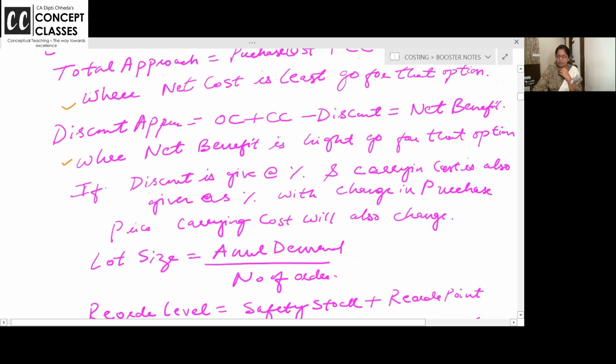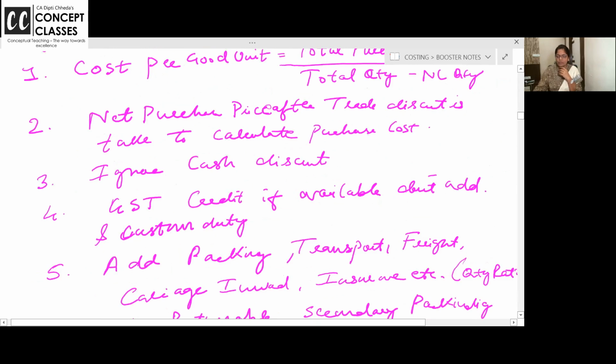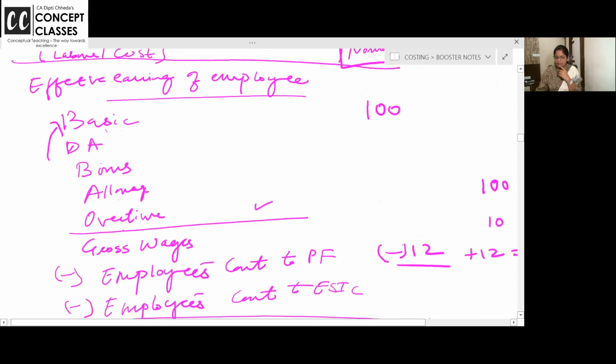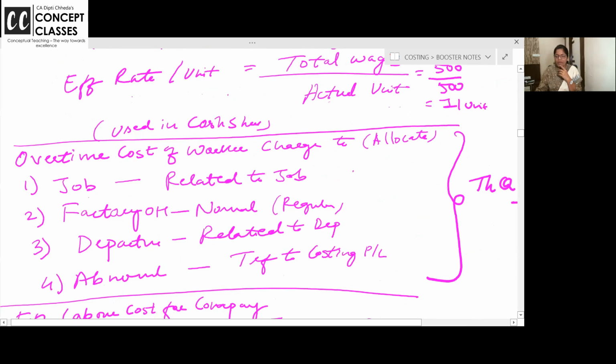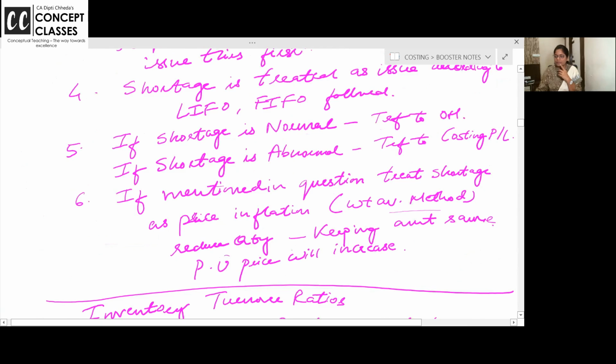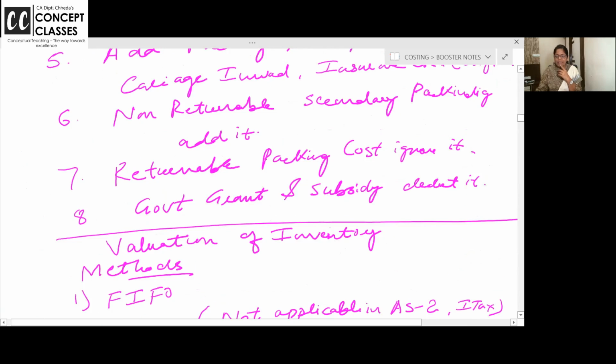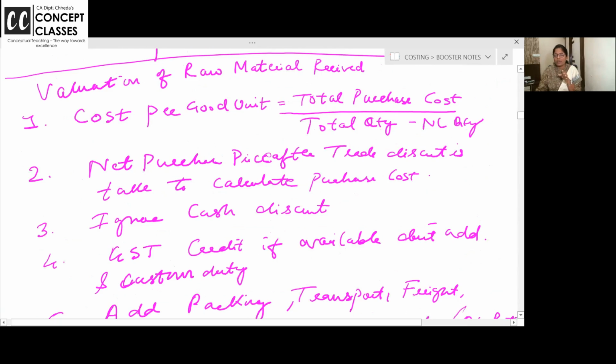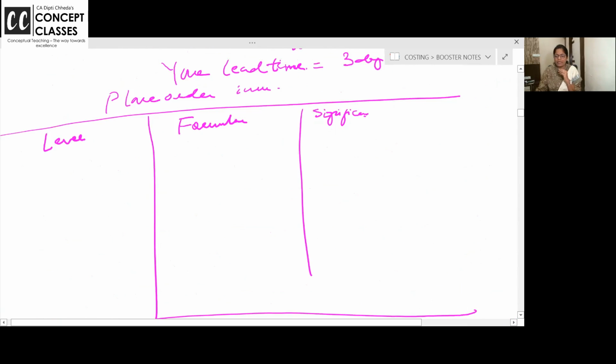And lot size problem, how they are solved, I will say. Like ordering cost, now you know the formula, no? You know, material chapter has two types of problems, basically lot size or related to reorder levels.